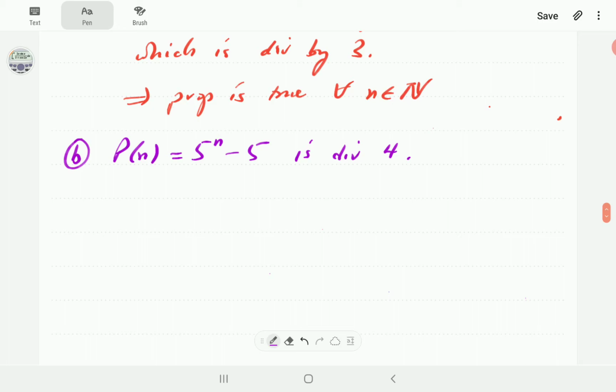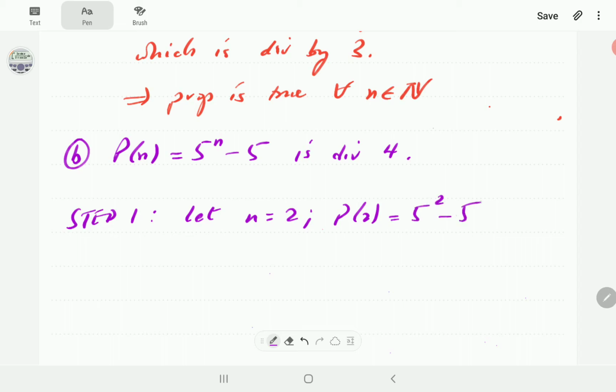So for step 1, we're going to let n be equal to 2 again. P of 2 is going to be 5 squared minus 5. This is 25 minus 5.